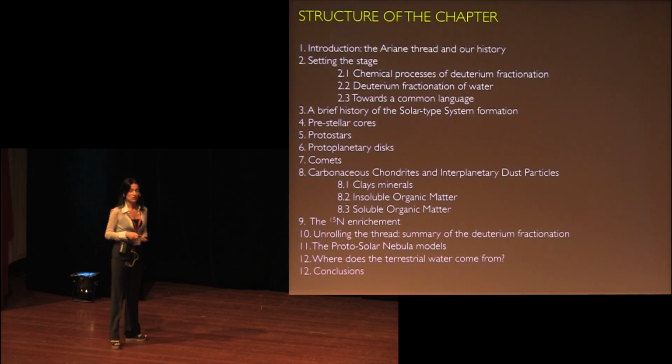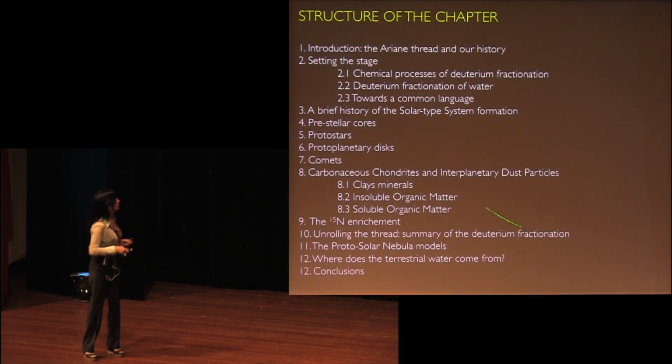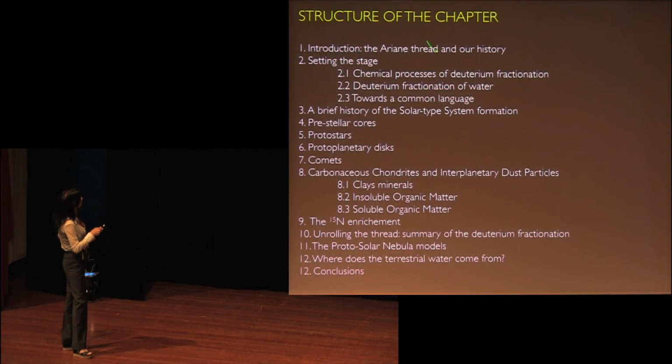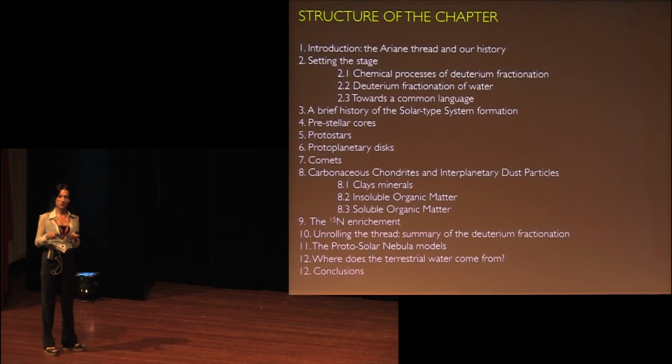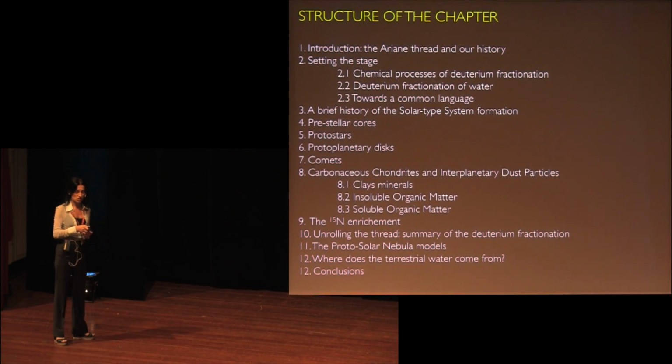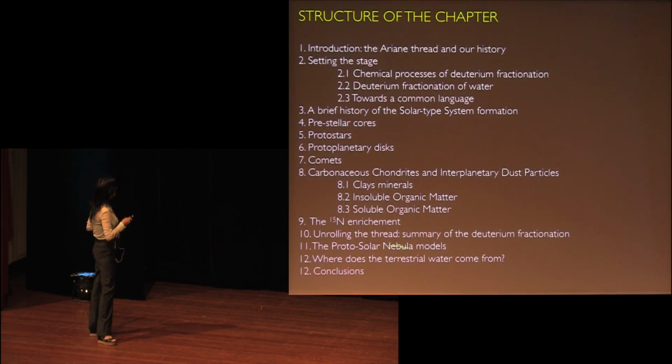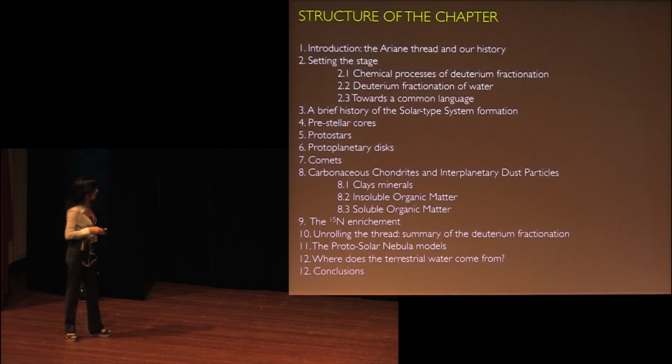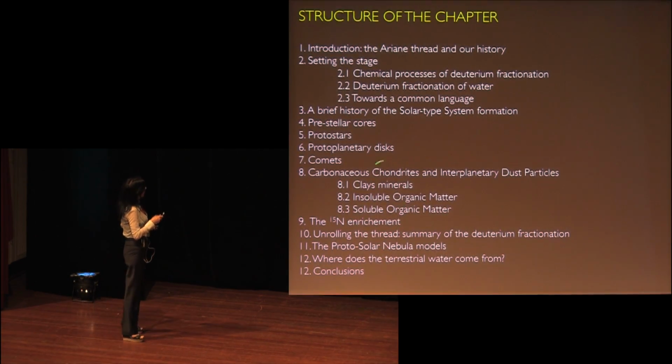Now, this is the structure of the chapter, not of my talk, so don't be afraid. We go from setting the stage, where we describe the chemical processes, the deuterium fractionation processes, then the brief history of the solar-type system, from prestellar core, so just before stars are born, to protostars, protoplanetary disks, comets, and then we go into the carbonaceous chondrites and interplanetary dust particles, or IDPs, with their clays, minerals, insoluble and soluble organic matter.